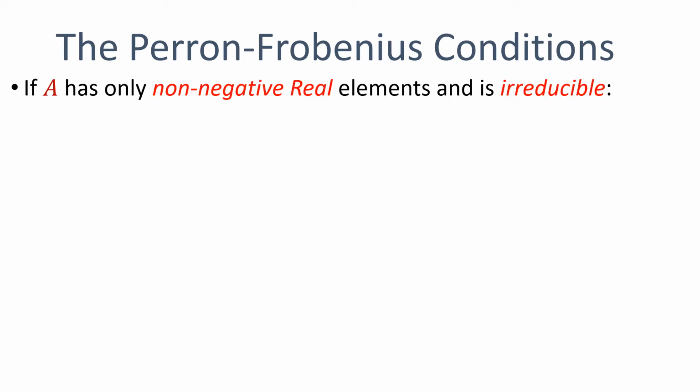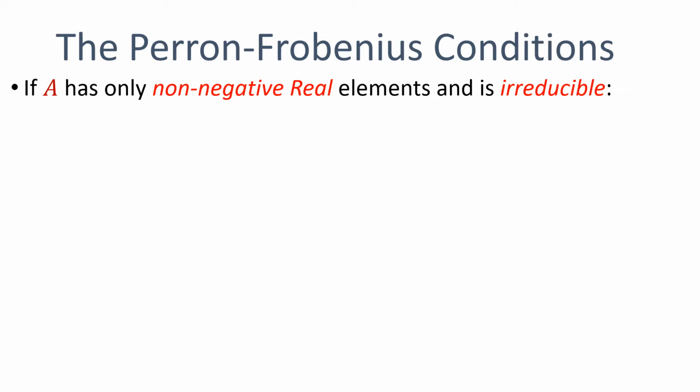To start off with, they apply to a matrix which only contains non-negative real numbers. The matrix also has to satisfy a condition of what's being called irreducible. I'm not going to define that in detail. I'll give some examples of matrices that we see in computing contexts which are guaranteed to be irreducible.